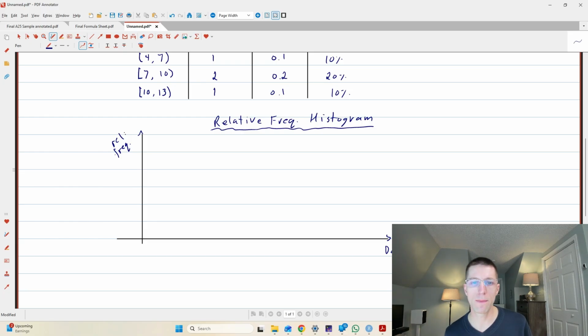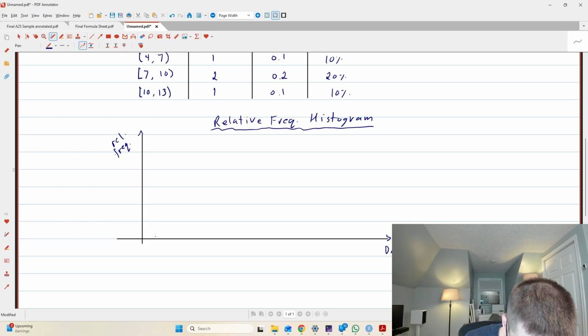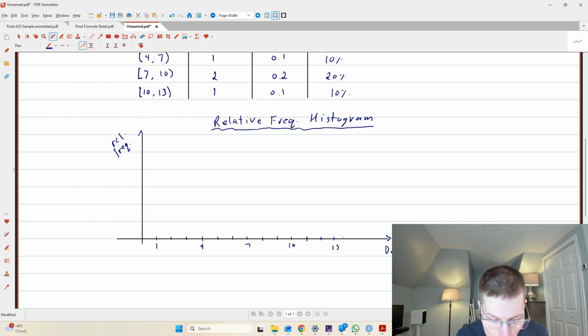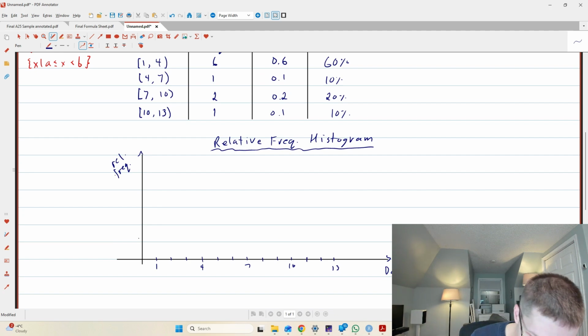And now we have to go from 1 to 13: 4, 6, 7, 8, 9, 10, 11, 12, 13. I didn't give myself a lot of vertical room here, so I'm just going to make this 0.2, 0.4, 0.6, 0.8, and 1.